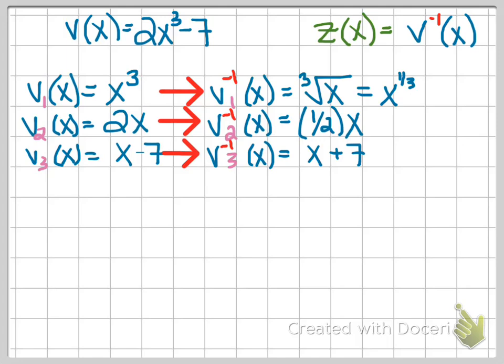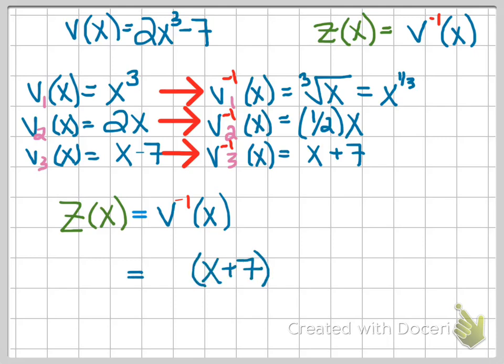So when I'm building this inverse to find whatever this z function is going to be, I start from my last operation and I'm going to build myself back up. So my z function, which I know is the inverse of v, I'm going to put all of these pieces of the operation back together.